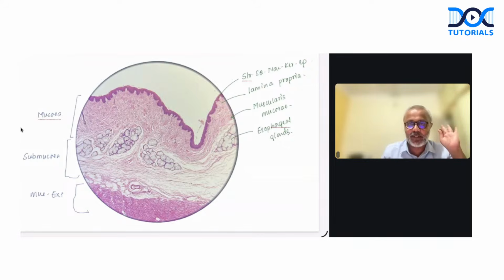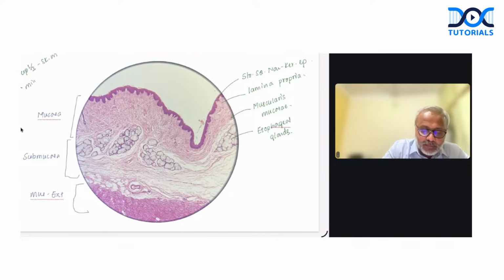Done. Submucosa. When we come deeper down, we get muscularis externa. Now what do we mean by muscularis externa? Remember, the muscularis externa is a layer of smooth muscle in the rest of the GIT, whereas in case of esophagus, this differs. In the upper 1/3, it is made up of entirely skeletal muscle.